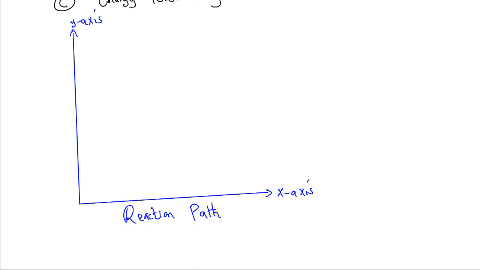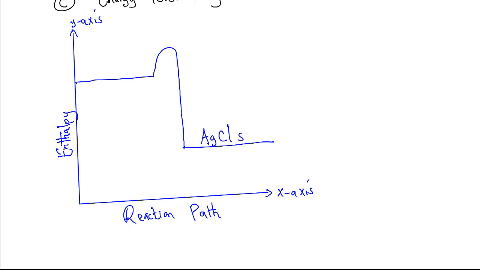That is the y-axis, x-axis, reaction path, enthalpy, so we have the reactants at higher energy, then products at lower energy, meaning energy is released, that is activation energy.